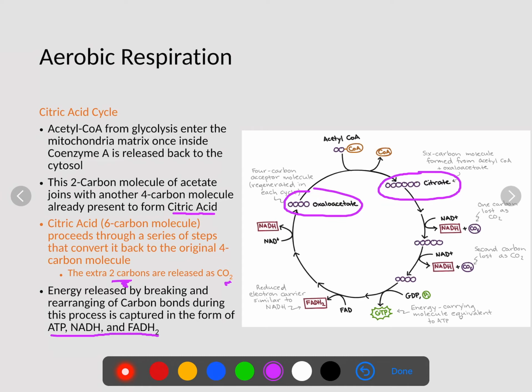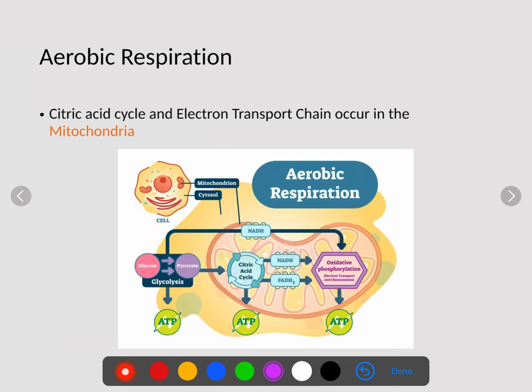Now, NADH and FADH2 have hydrogens attached, and those are going to become very important during the electron transport chain and during ATP production. So again, the citric acid cycle and the electron transport chain occur in the mitochondria.